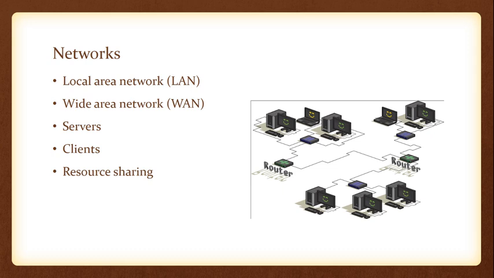So if you look at this picture down here, we actually have three different LANs. You have this LAN up here on the top, you have this LAN over here, and you have this big LAN down here on the bottom. Now, in order for each computer in a LAN to communicate with each other, they just need this blue switch box. This one can send information to this one. This one can send information to this one. That's great, that's easy.